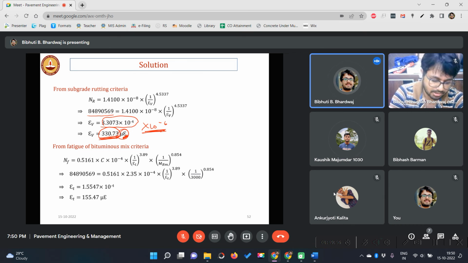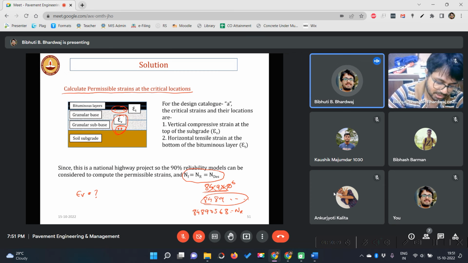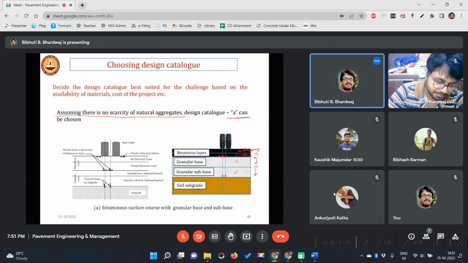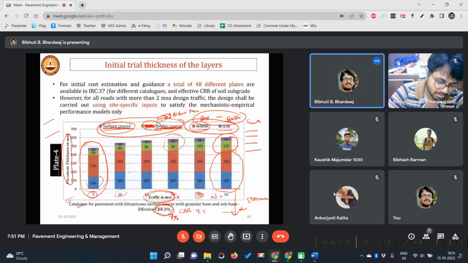Yes, sir. Okay. Now for this fatigue of bituminous mix, this MRM you already know. This is basically E1 3000. The value of C, if you go back.